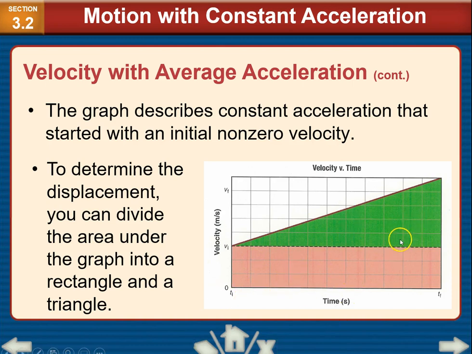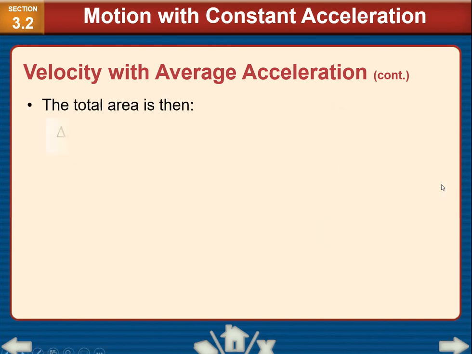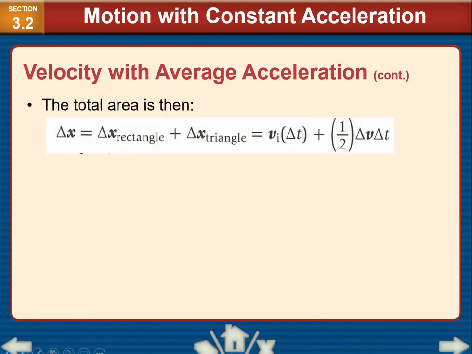So to find this whole thing, we would take the area of this rectangle, which is just the base times the height, to find this bottom rectangle. To find the area of the triangle here, because it's a right triangle, it's 1/2 base times height. So 1/2 the base times the height. So like that.